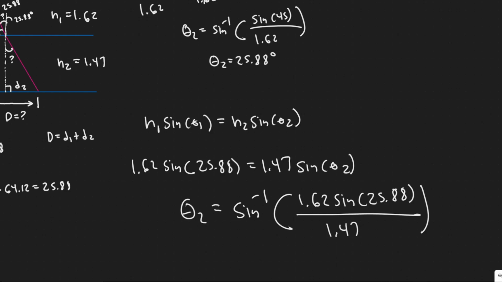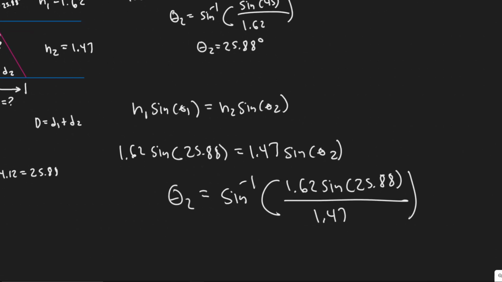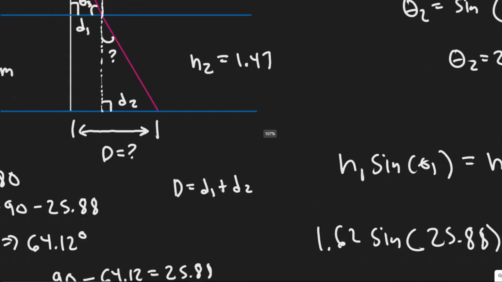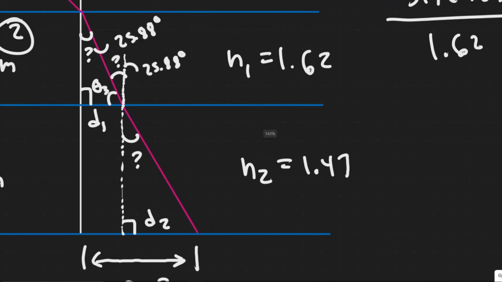And then I'm going to take the arc sine of both sides. So let me make sure I did this right. Yeah, looks good. Okay, so your angle theta is 28.75 degrees.